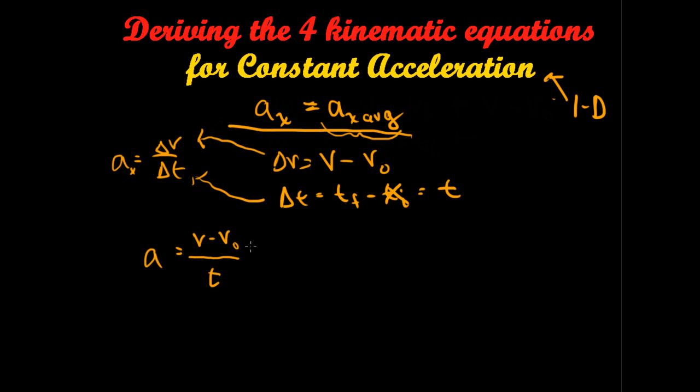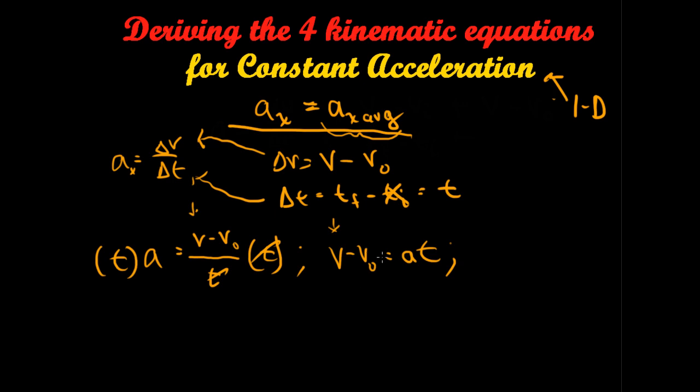Now, if a problem is asking you for your final velocity, let's go ahead and solve for it. Let's see if we can get an expression geared at solving for the final velocity. So, you multiply each side by time. This is just simple algebra. This leaves you with final velocity minus initial velocity is equal to the acceleration times the time, and we want to solve for final velocity.